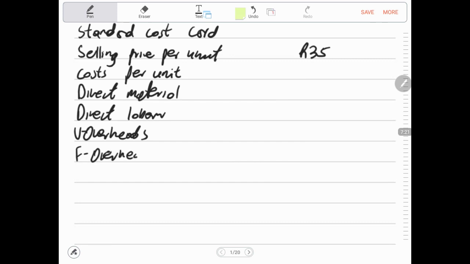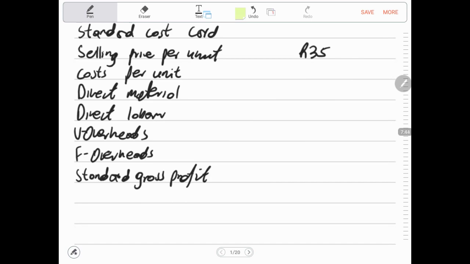And all this must be calculated per unit. Then after that, this will give us the standard gross profit per unit. And this is the standard gross profit that will be used when we're calculating the sales volume variance.